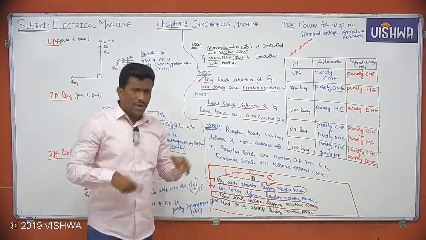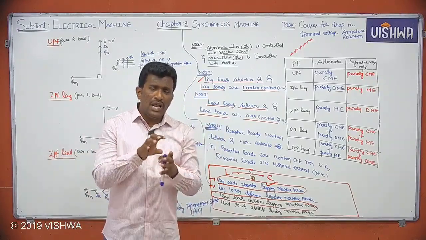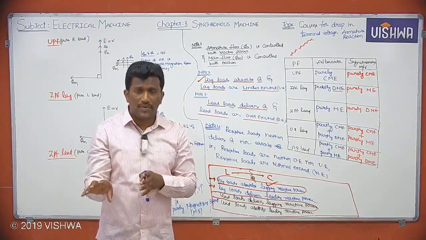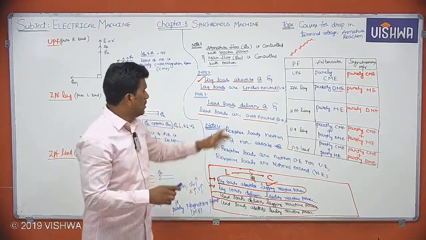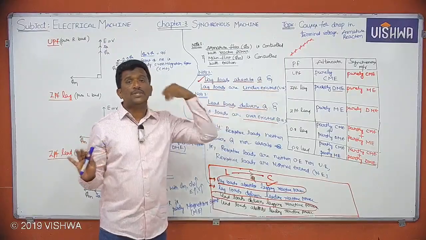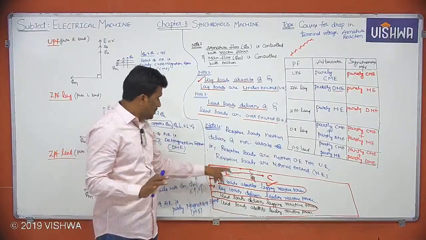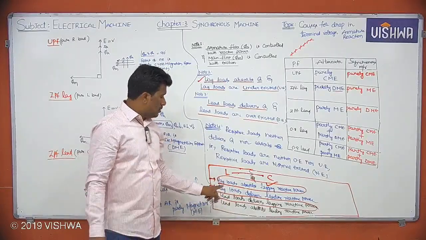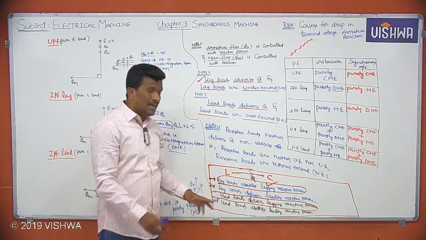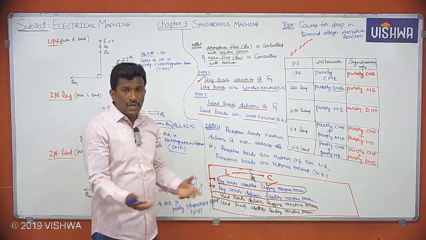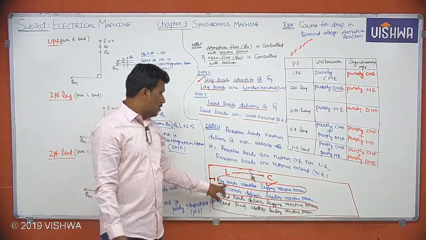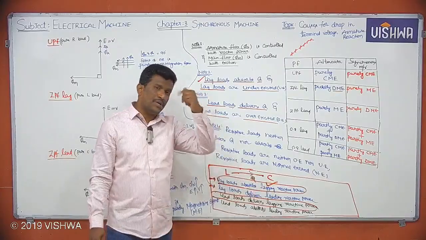From now onwards I won't use the words lagging reactive power or leading reactive power. Simply I will be using reactive power. But from the examination point of view, they ask some one-mark questions. That's why I had given you this table column. If he asks regarding lag loads absorbing lagging reactive power, the statement is correct.